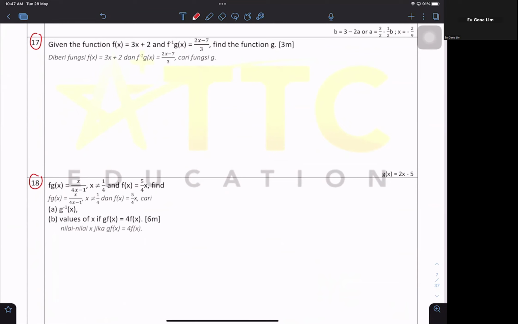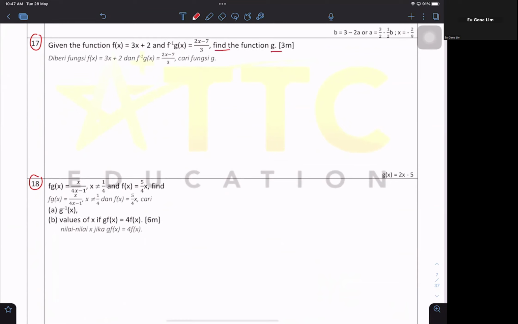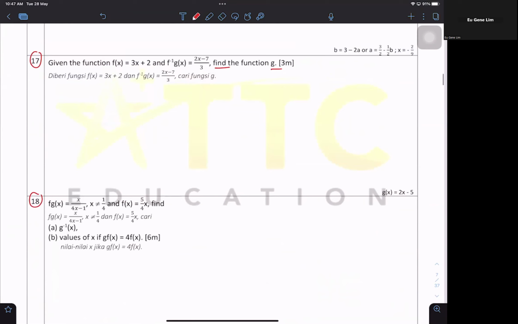Okay, let's look at this question. Find function g. You see, find function g. What topic is this? Anyone can tell me?